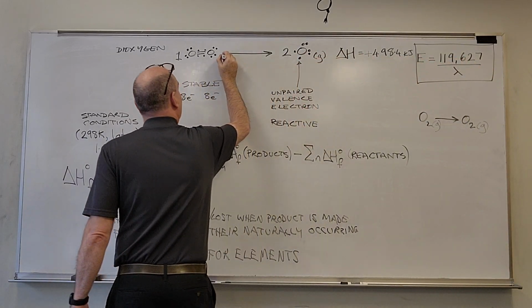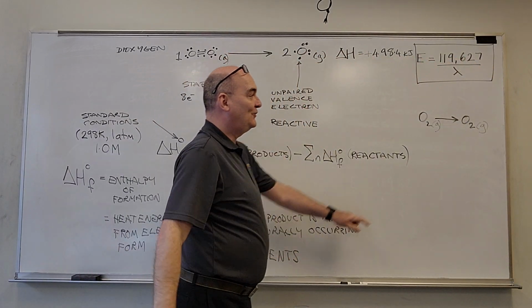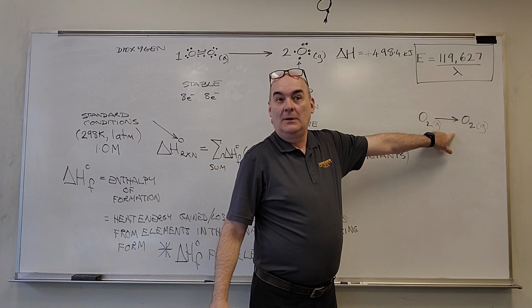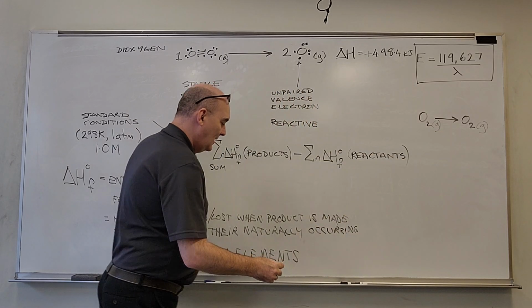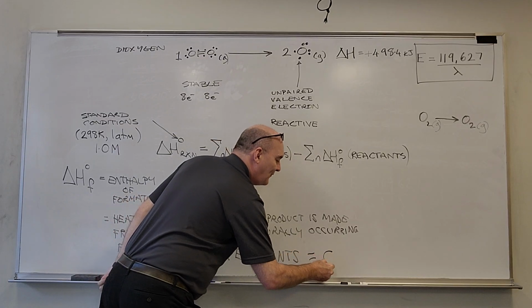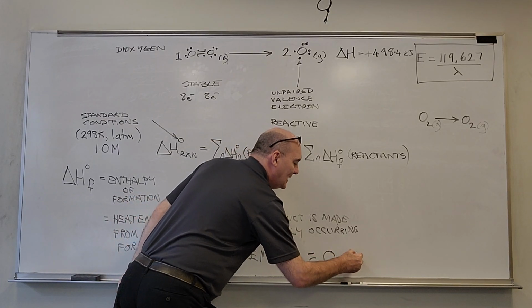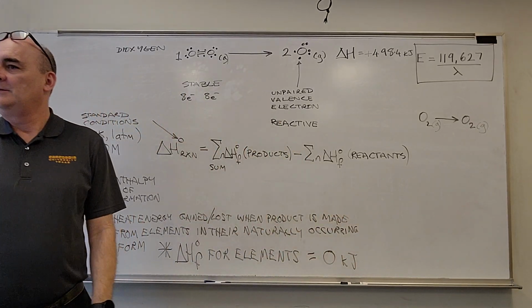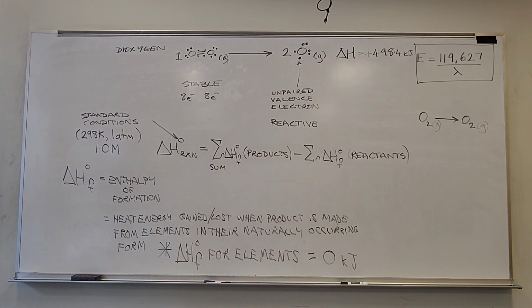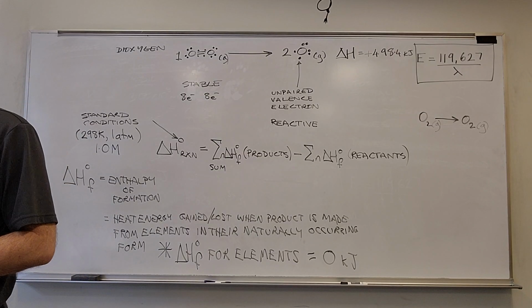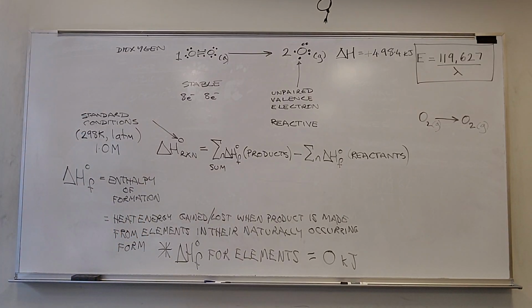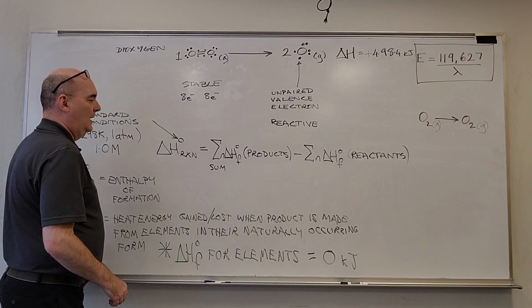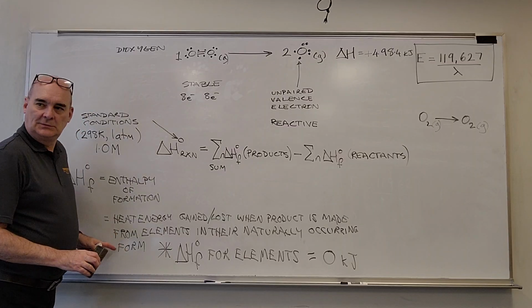Gas. Gas. How much energy is this going to cost me? Nothing at all. It already exists. The delta HF for elements is nothing. They already exist. You gain nothing, you lose nothing. Okay?